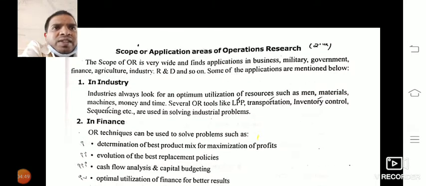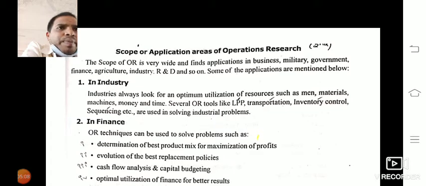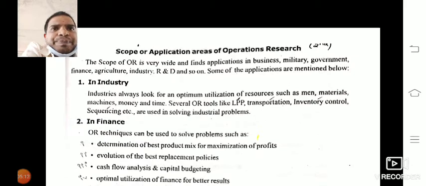As discussed in the previous video lecture, the different OR techniques, or OR tools, such as LPP, transportation, inventory, sequencing, are used in the industry field to optimize resources such as man, material, machines.